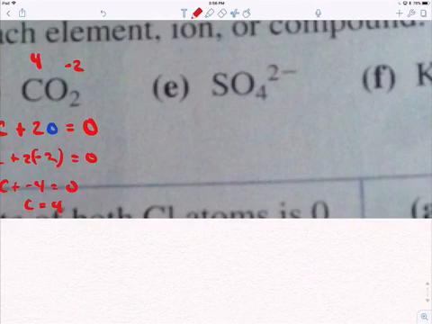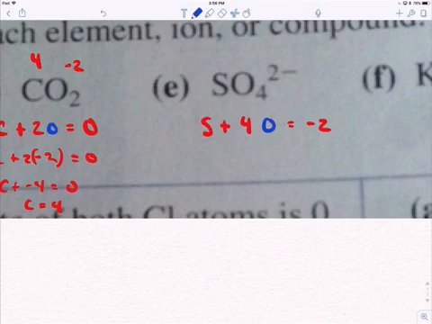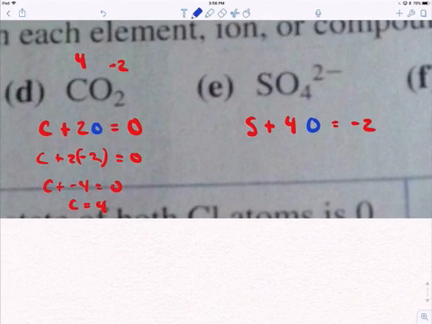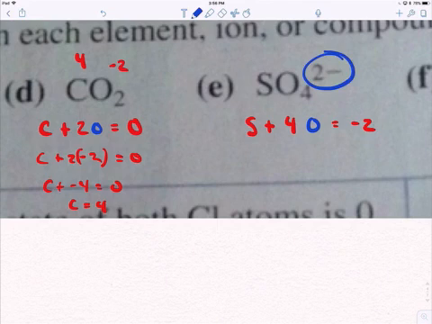Next one, sulfate. So sulfur plus 4 oxygens equals -2. And why is this different? Carbon dioxide here is a neutral unit. It's 0. The charge here is where the -2 comes from.